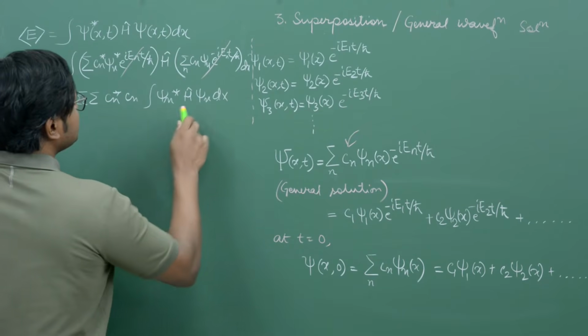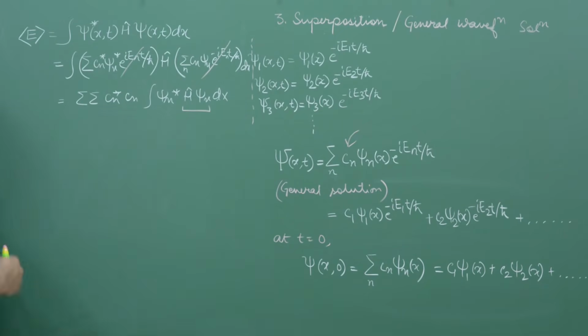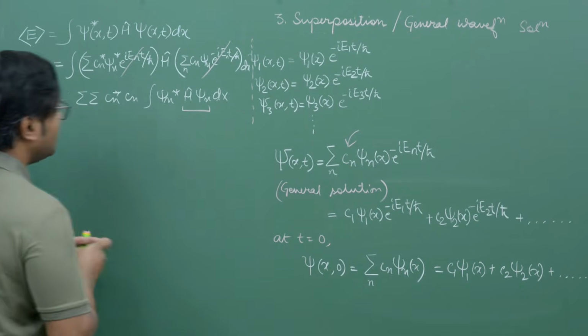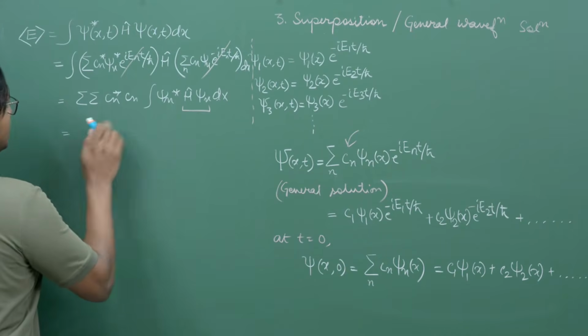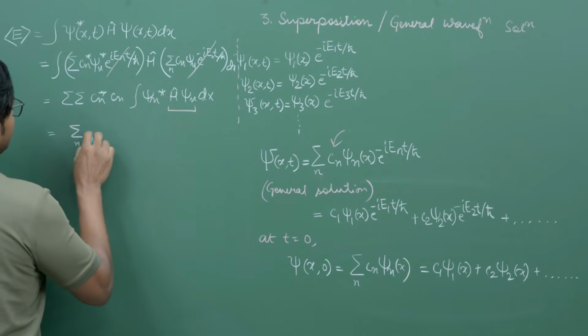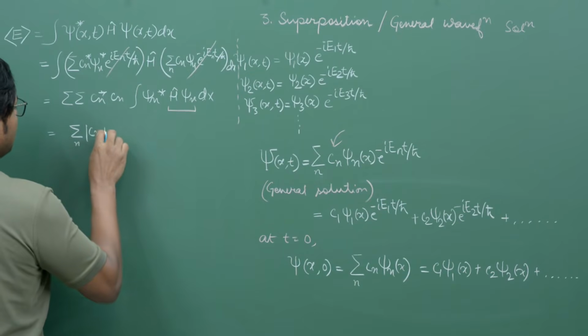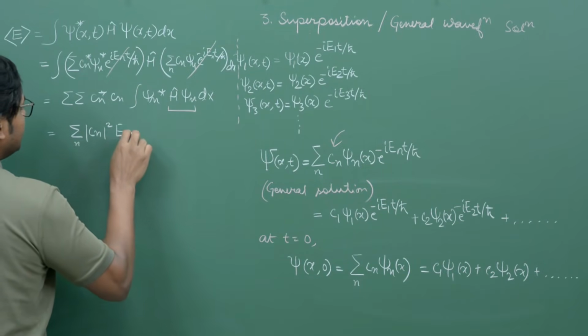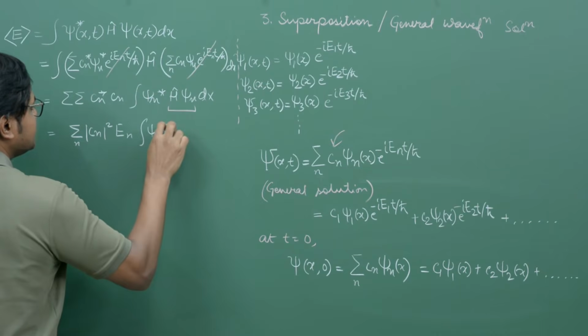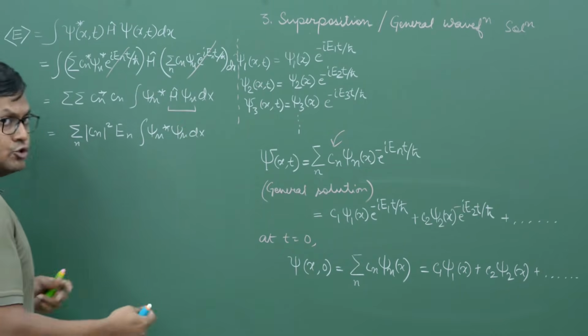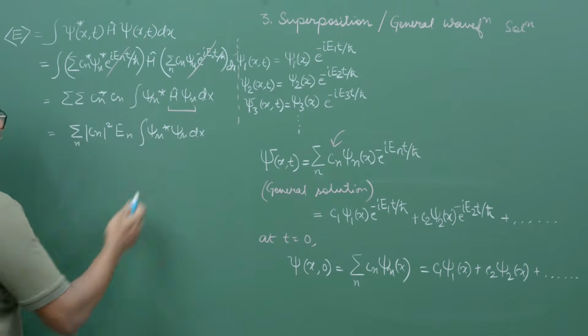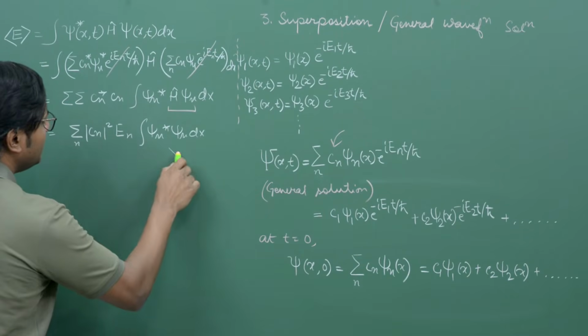Now the moment H acts on psi n, we end up getting En. En is basically all the energy levels corresponding to different values of the integer n. So this is a summation over n of Cn mod square, En, and the integration of psi n star psi n dx. Because the eigenstate solutions should be normalized to satisfy the Born statistical interpretation, this integral comes out equal to 1.